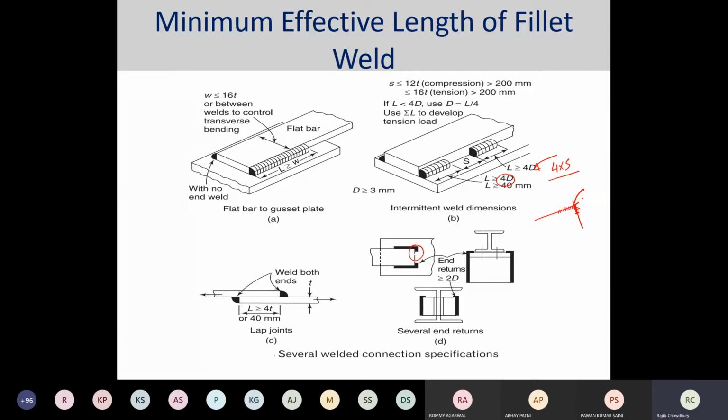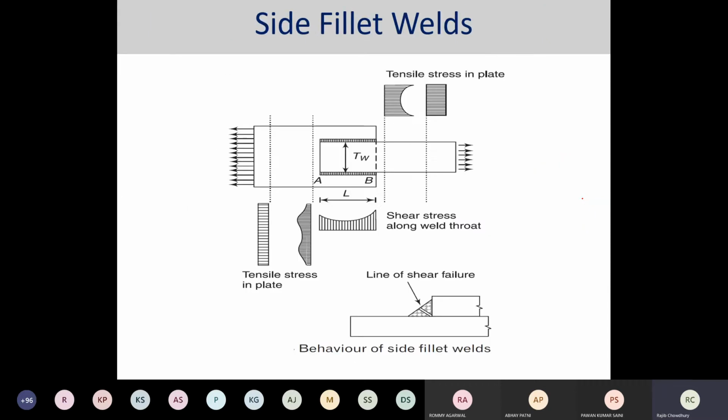Why provide the end return? End return is to be provided over here in order to minimize the stress concentrations. I can show you in the next figure the stress distribution of the welded joint, which typically looks very complex and non-uniform in nature.